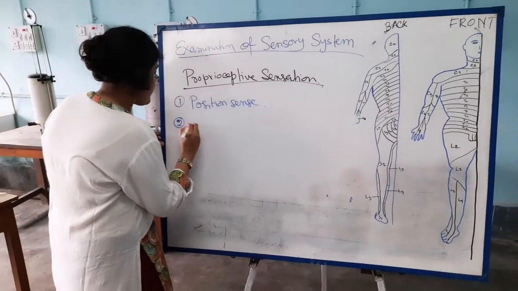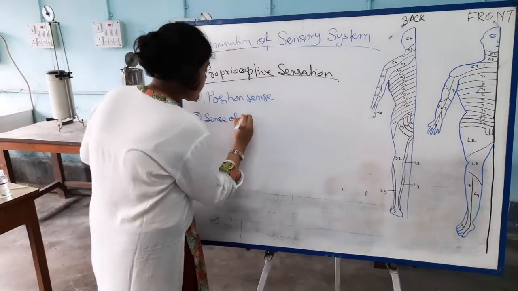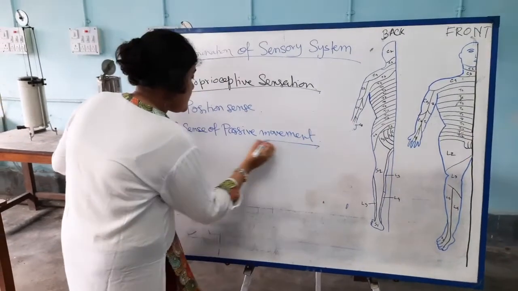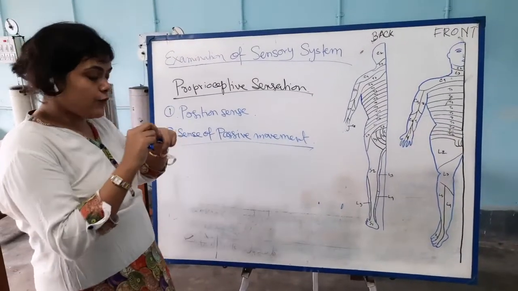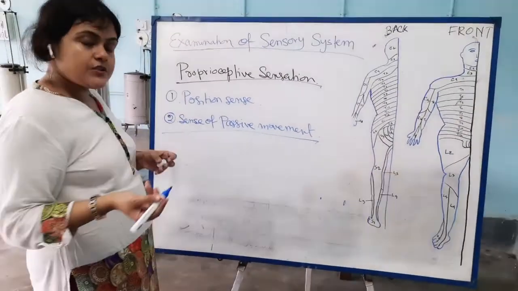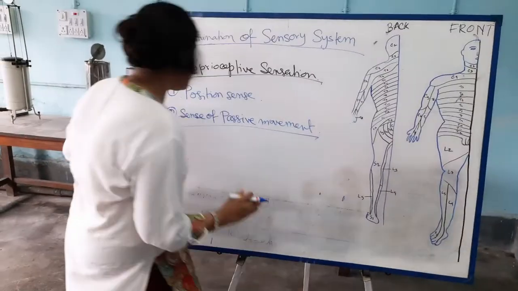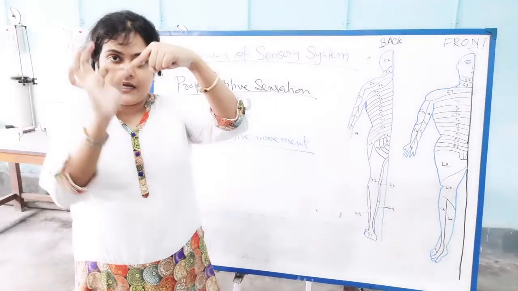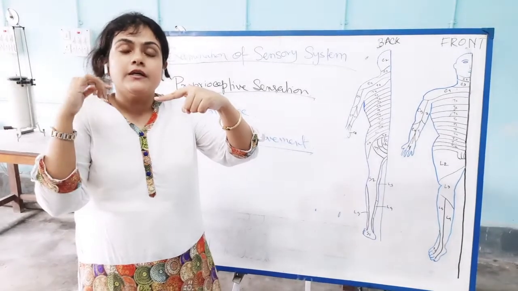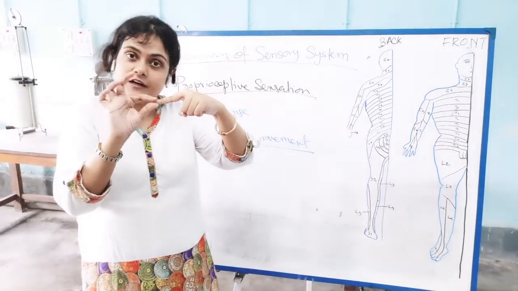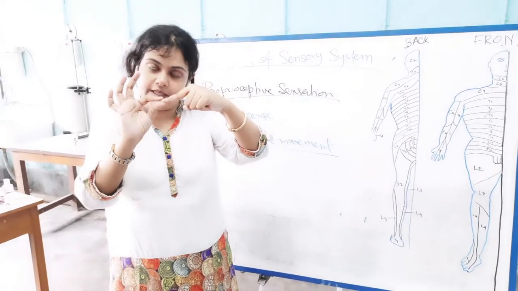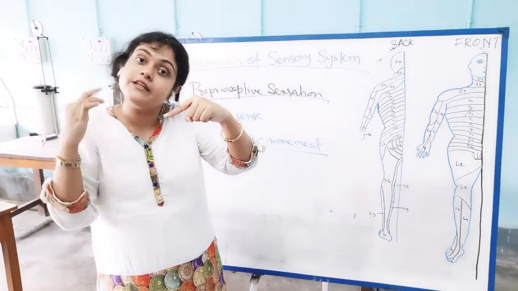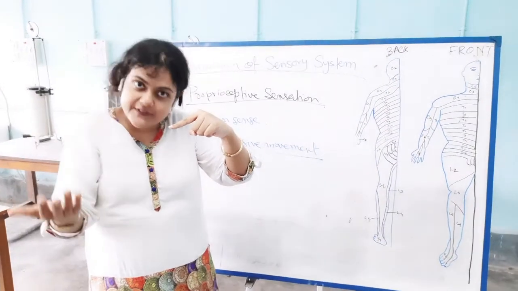Then comes sense of passive movement. Generally we do the test in different digits like forefinger, thumb, great toe, but we can also do it in the elbow, wrist, etc. Here first you have to demonstrate to your patient the different directions of movement, like upward and downward, and instruct him to inform you about the new position which the digit is going to achieve after the movement.